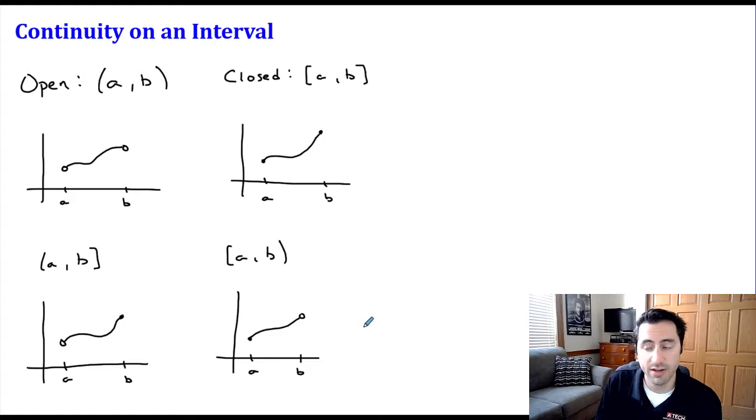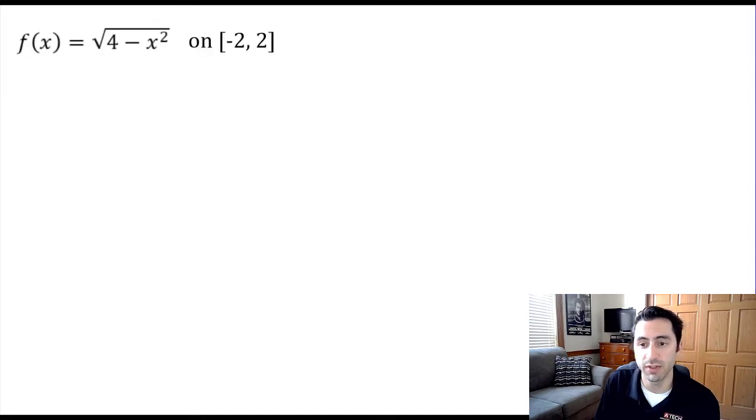So now let's take a look at an example where we want to figure out whether or not a function is continuous for a specific interval. So here's my example. I have f of x is equal to the square root of 4 minus x squared. And I want to determine whether or not this is continuous on the closed interval from -2 to 2.